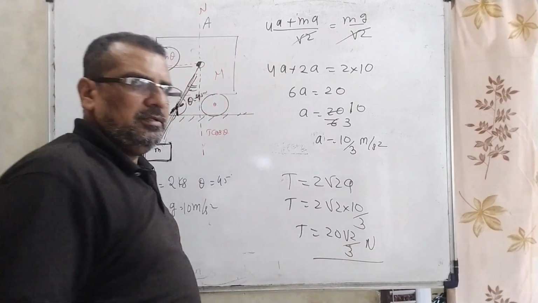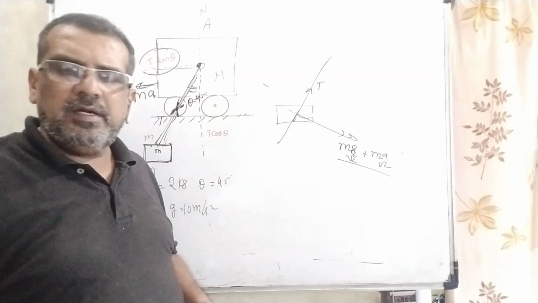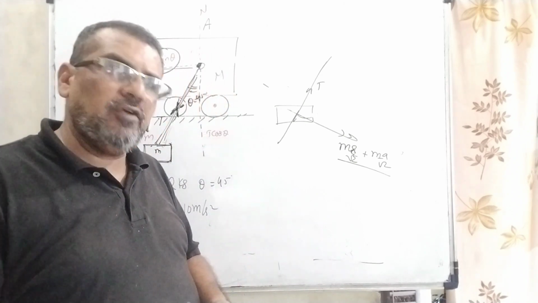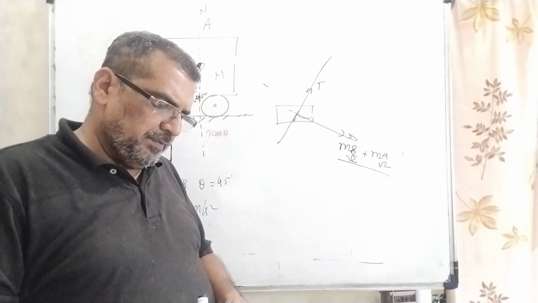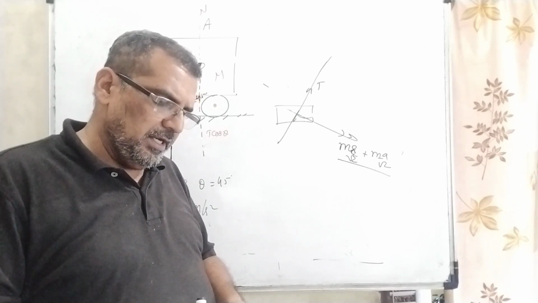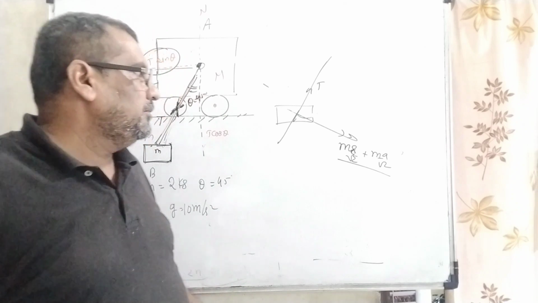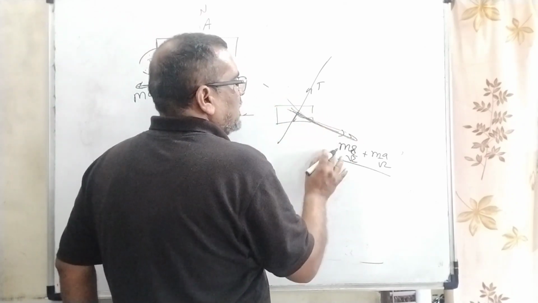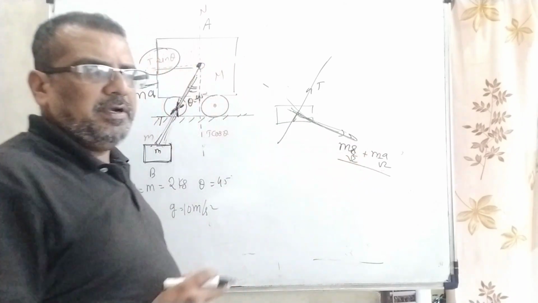It is the second condition. Now for the next part, we have to find the magnitude of acceleration of B with respect to the car immediately after the system is released. You know that when the system is released, at that time this force gives centripetal force.